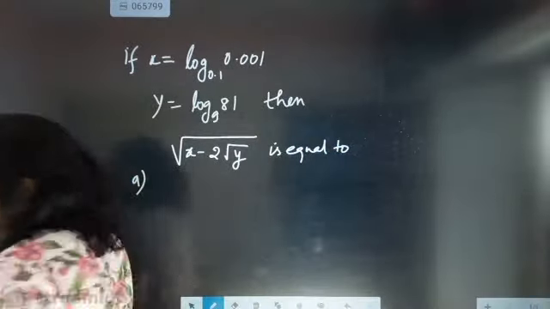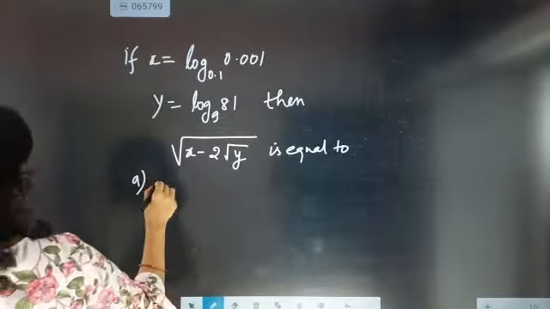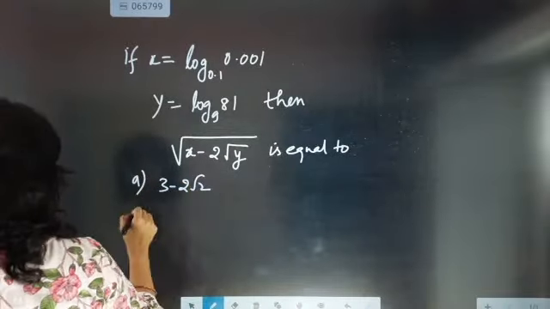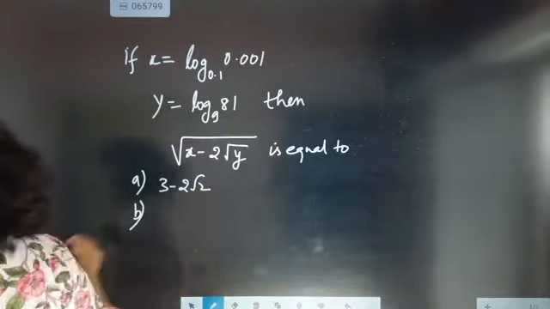They are asking what the answer is. The options: 3 minus 2 root 2; second option, root 3 minus 2.